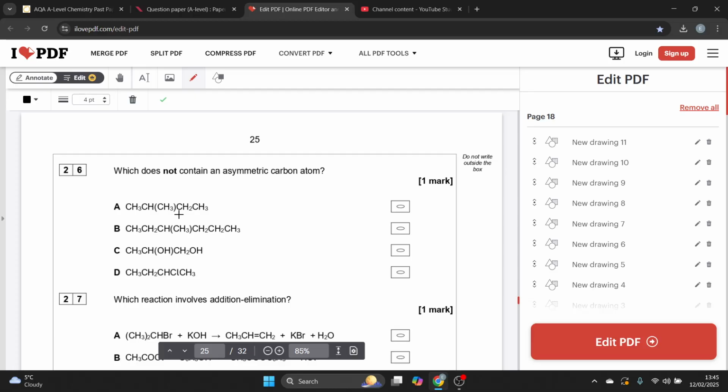Which does not contain an asymmetric carbon atom? So which basically contains a symmetric carbon atom.